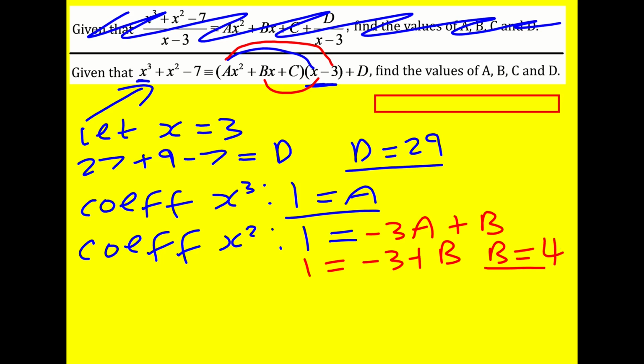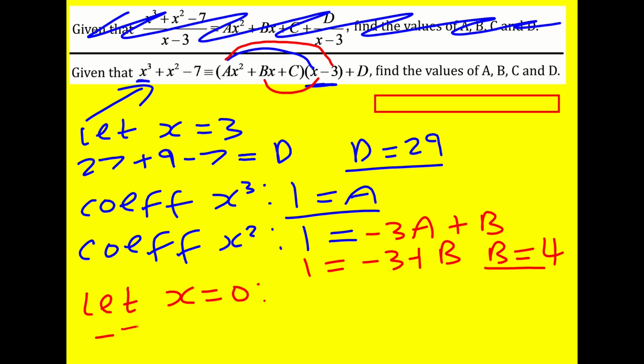Finally, if I want c, I could do a coefficient of x. That would work, but I think I'll do another substitution now, because I think that'll be a bit quicker. So let x equal, a sensible one would be 0.